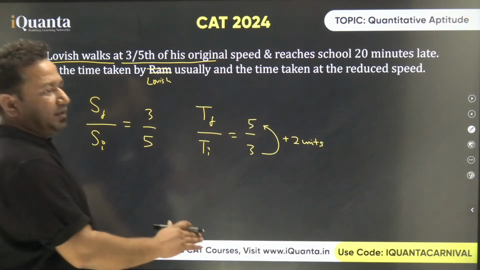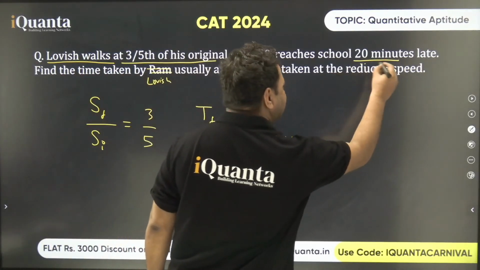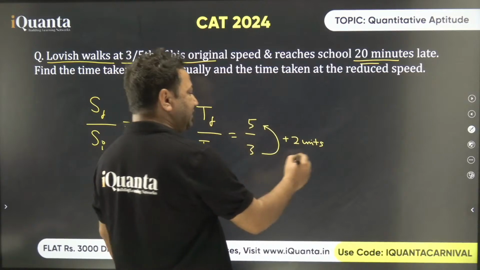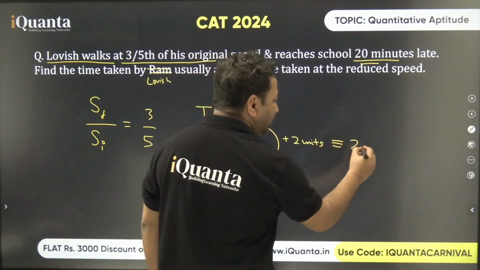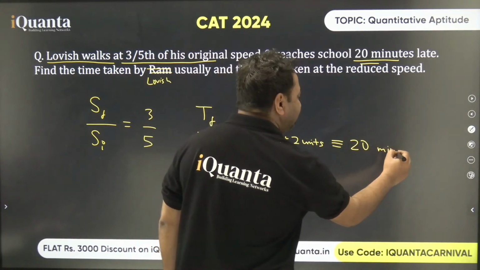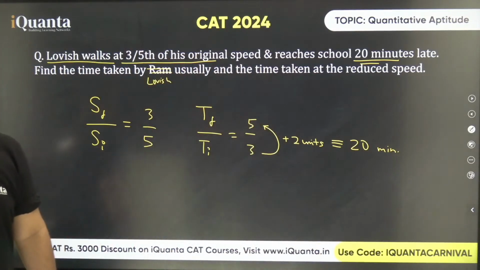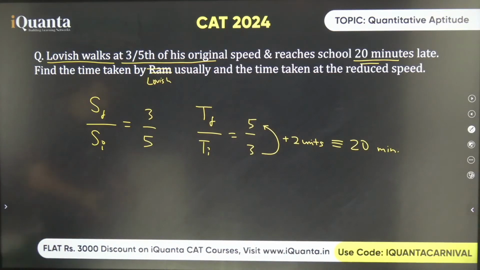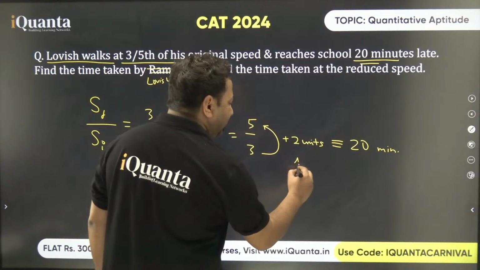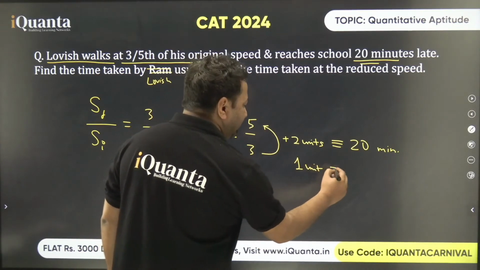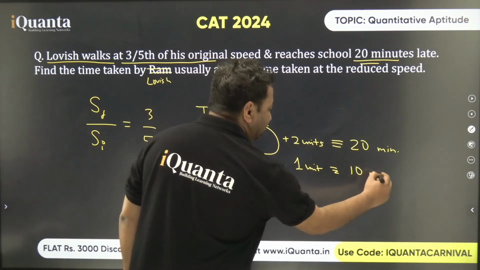But in the real world, it is increasing by 20 minutes. So can I say that 2 units here are equivalent to 20 minutes in the real world? Yes or no? 2 units of ratios is equivalent to 20 minutes of real world, which also means that 1 unit of ratio will be equivalent to 10 minutes in the real world.